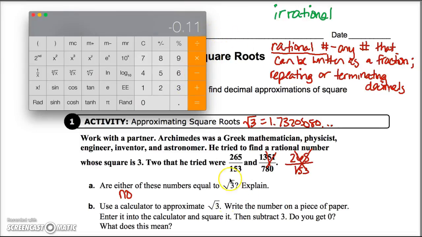So unless you take the exact square root of 3 and follow these directions, you're not going to get 0, because we approximated it. We estimated it. So when we estimated it, no, we didn't get 0, because we estimated the square root of 3.